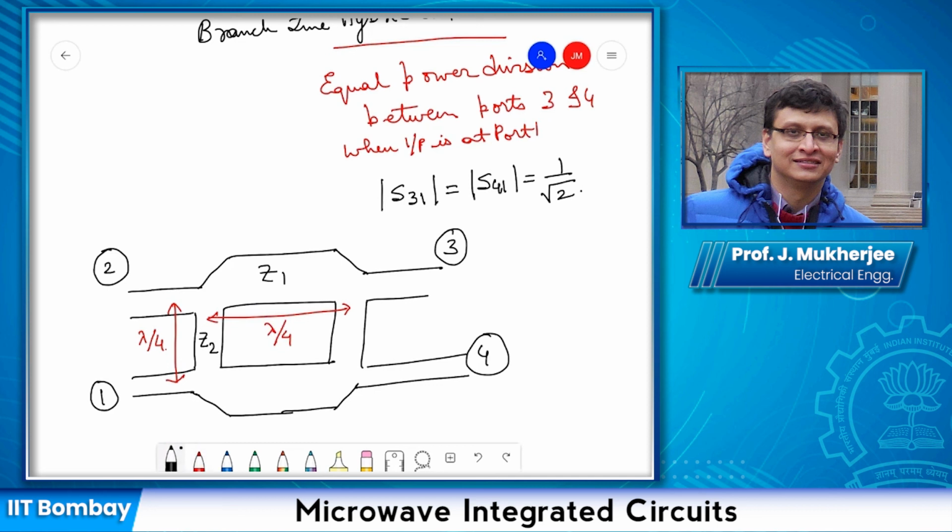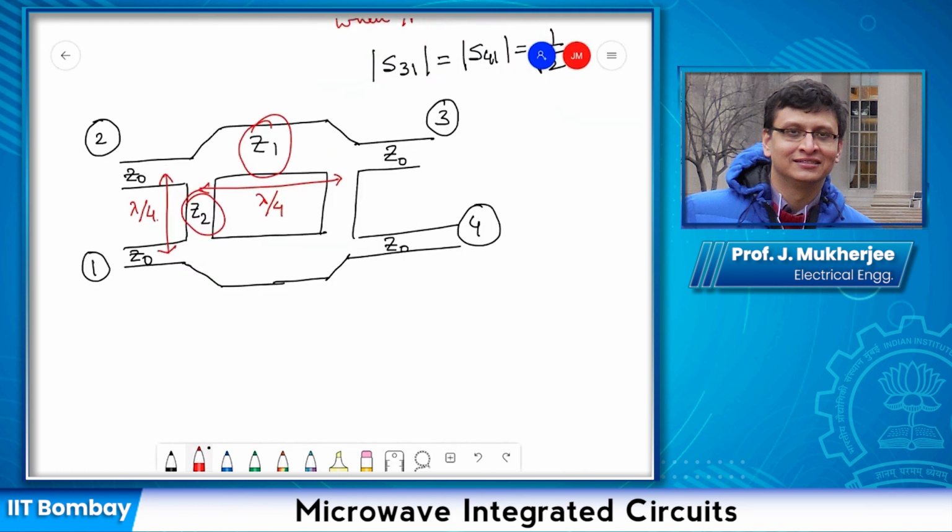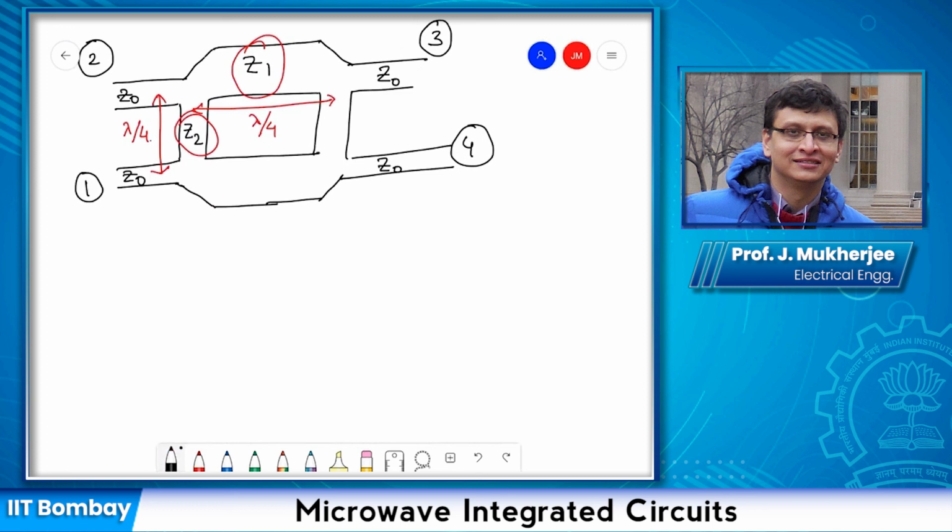And so this is Z0, which represents the connectors, whereas within the branch line hybrid, there are transmission lines having two different characteristic impedances. One is Z1, the other is Z2. Okay, so now this is the way it looks like on a PCB board, but the schematic can be simplified like this.